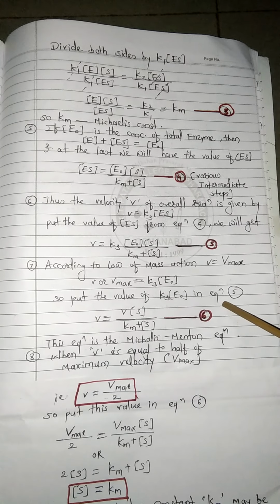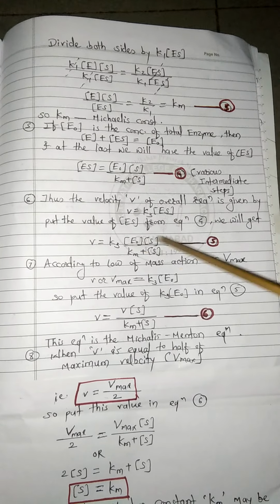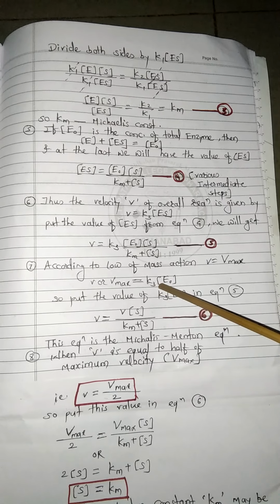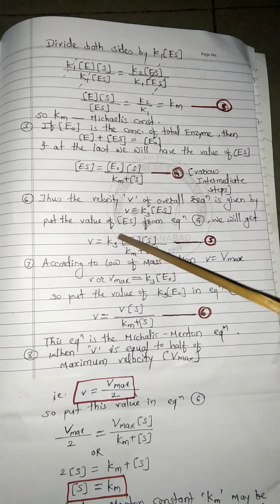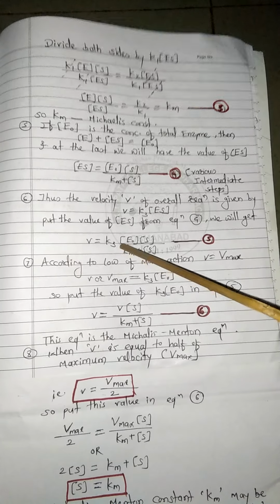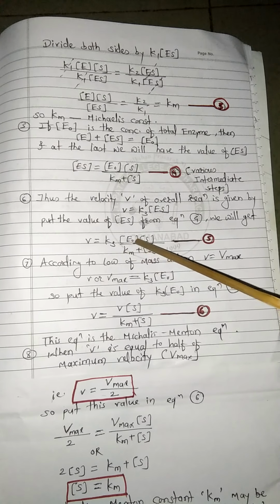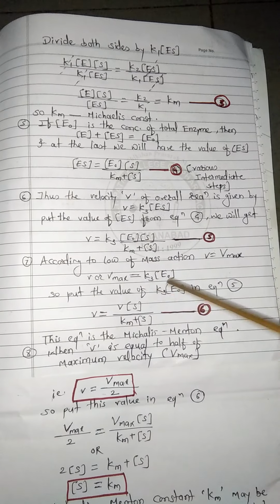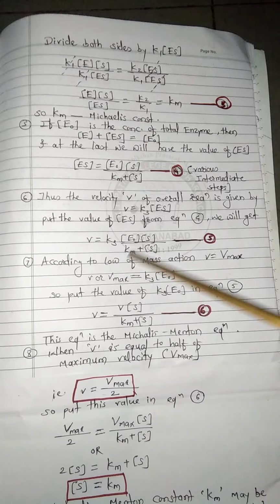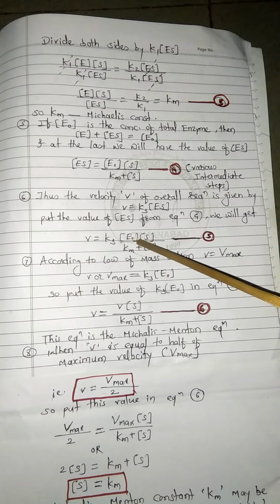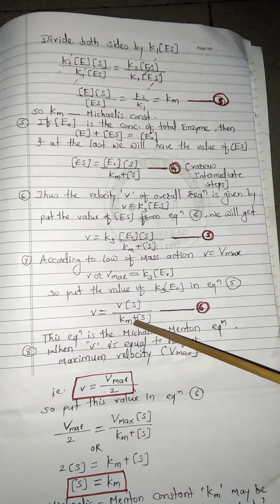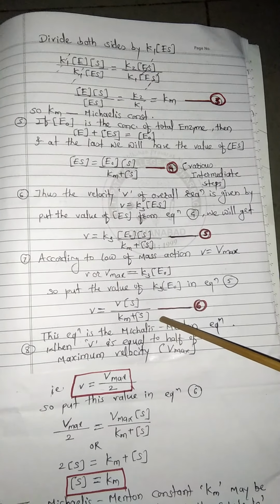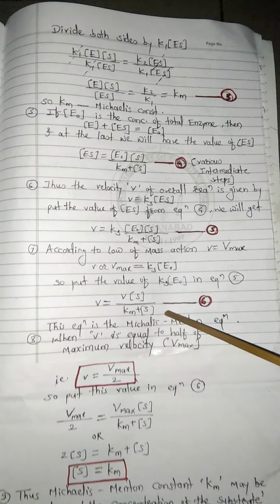In equation 5, V is equal to, in place of K3 E0 we put Vmax, so V equals Vmax S over Km plus S. That is equation 6.